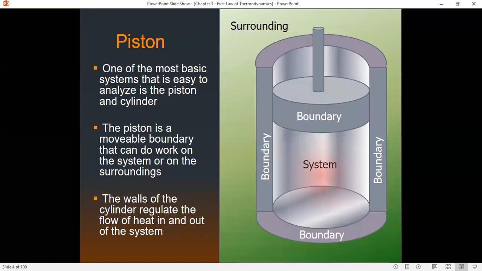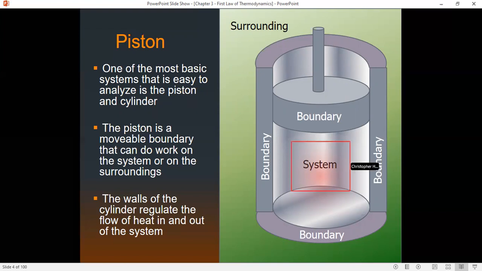Okay. Again, one of the easiest devices to extract work from the internal energy of a system would be to use a cylinder with a piston. It was the most basic type of system. And again, we are going to usually use some type of working gas within this piston.